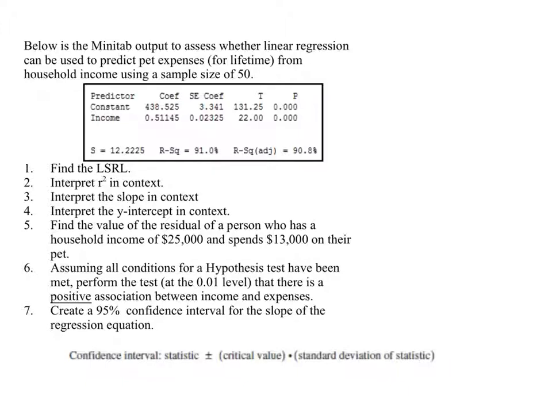That this is the way confidence intervals work. We're going to have the slope, 0.51145, plus or minus, we'll come back to the critical value. And the standard error is given to us, 0.02325. So now we need a critical value, which for us is going to be a t star with 48 degrees of freedom.